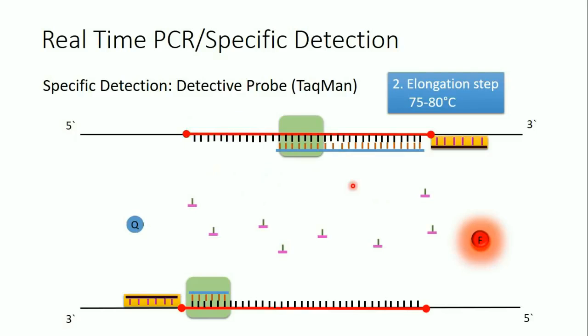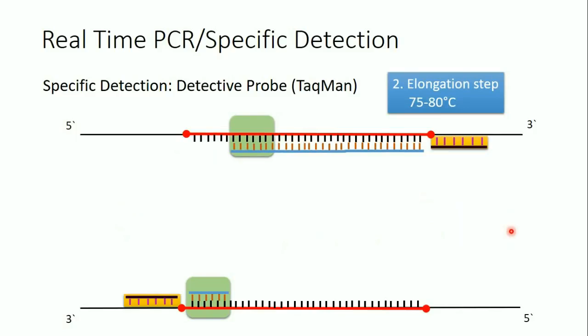So let's go back here. So here, when the probe is degraded, we can see the fluorescence coming out of the fluorophore. Okay, then the polymerase will continue copying the parent DNA.